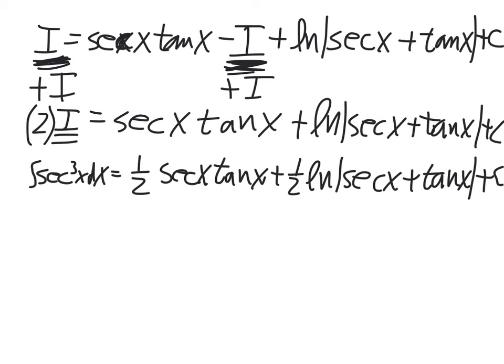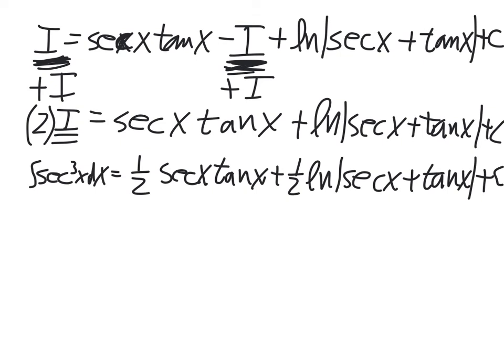So that is how some of these formulas are developed on this table. And that right there turns out to be number 35 on your integral tables, top of the second page. That's how we get those parts for the secant cubed x.